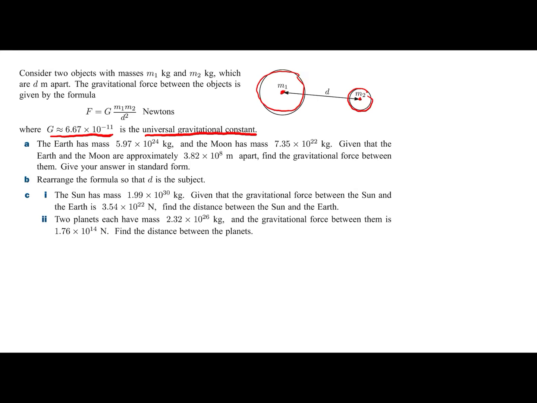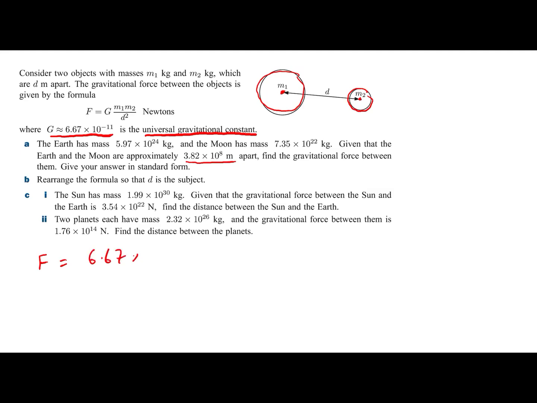We don't really need to understand it. All we need to do is put the right stuff into the formula. So it says the Earth has that mass, the Moon has that mass. Given that the Earth and Moon are this distance apart, find the gravitational force between them.